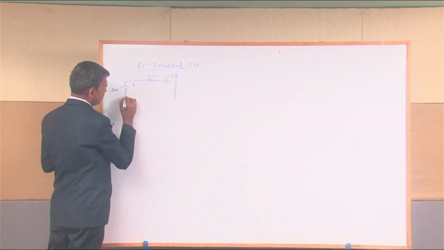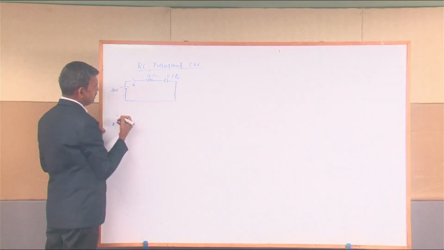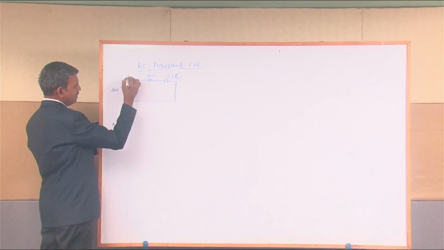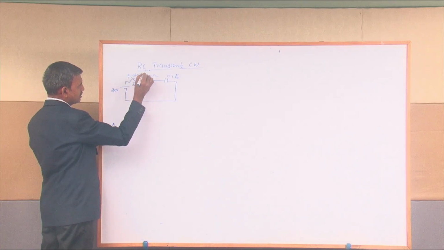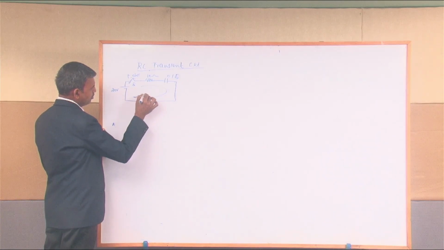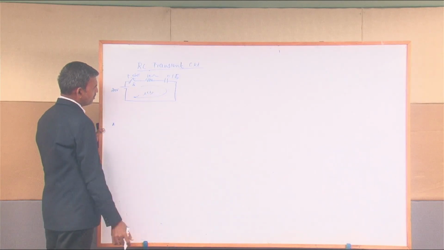These two elements are connected in series. Now, I am going to close the switch S at t equal to 0 seconds. Now, the current flowing through the circuit is I(t).